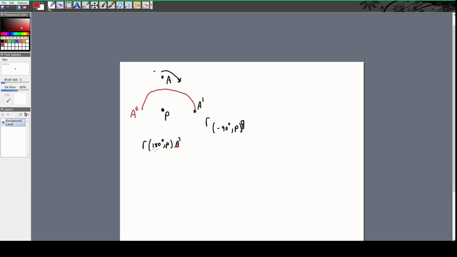Now, had I made this negative 180, negative 180 is clockwise, and it would land in the same point. A rotation of 180 degrees is equal to a rotation of negative 180 degrees.